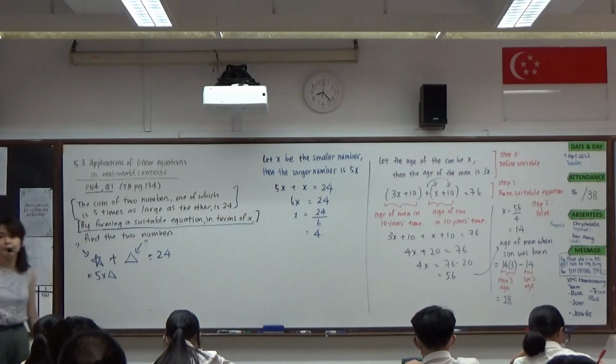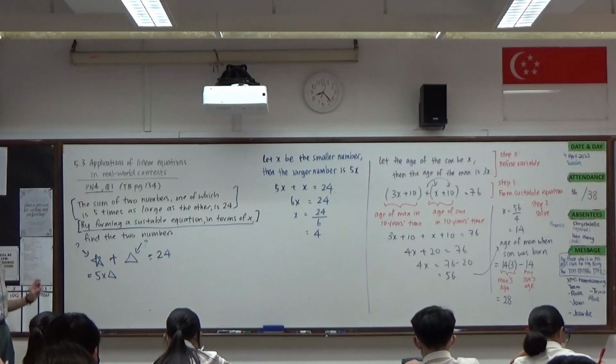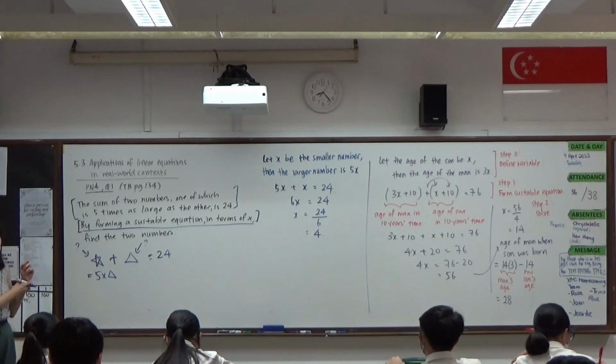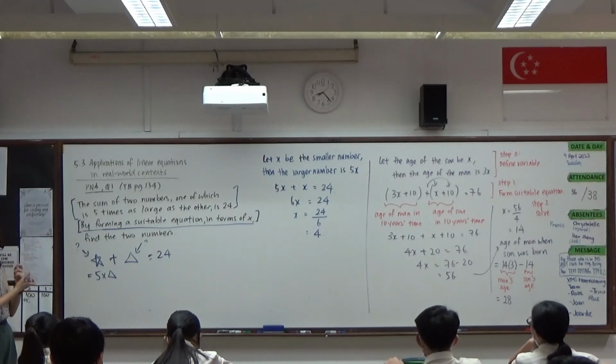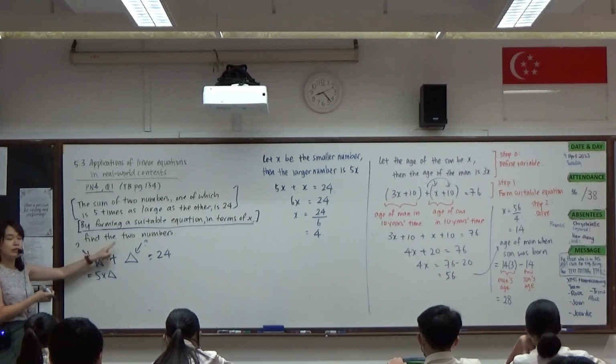Do we stop here? Do we stop our answer over here? Is the question asking us to find x? No, right? The question is asking us to find the two numbers.